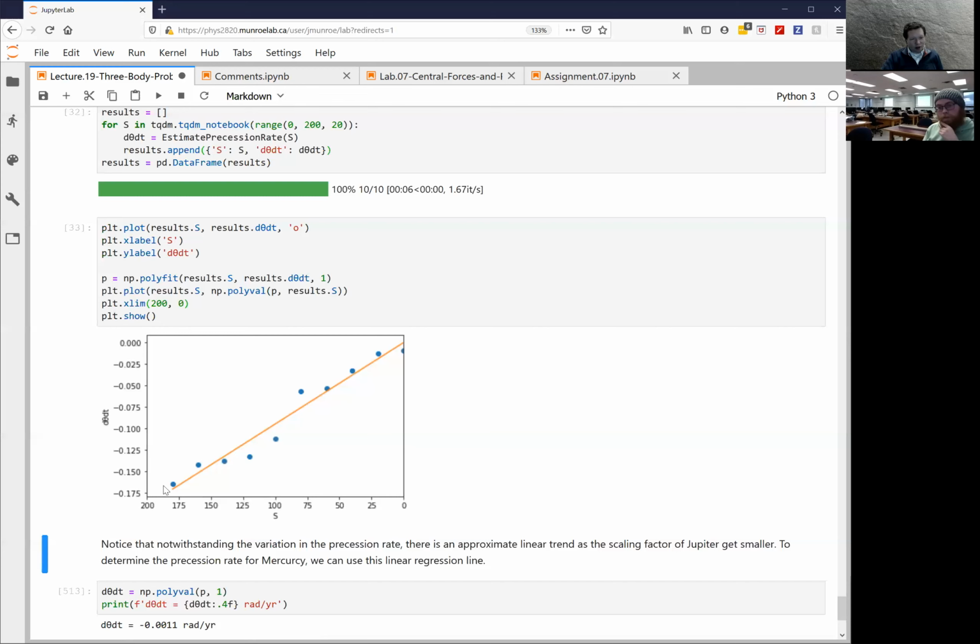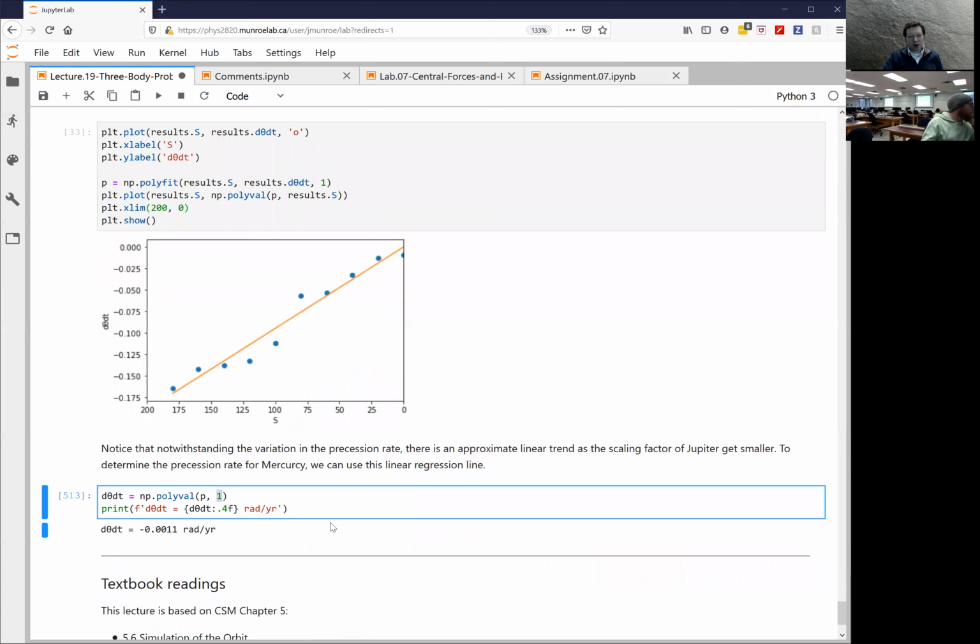I don't have it all lined up on a nice little dot. There's other stuff going on, but there's a general trend that at least to first order, the amount of precession of this perihelion depends upon the scaling factor. So what I can do is take this scaling factor and substitute in a scaling factor of 1 to come up with an estimate for what the precession of the perihelion of Mercury is.